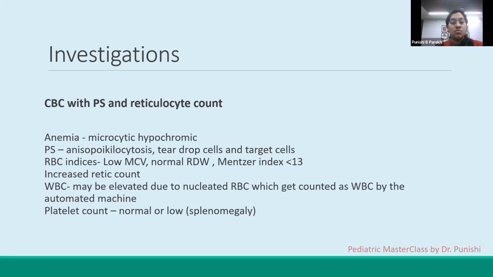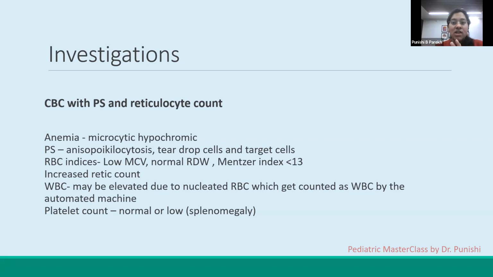So if you see 50,000 WBCs, you might start thinking in terms of, oh, is this leukemia? But whenever you have this and you have a suspicion that probably this is thalassemia, always look for nucleated RBCs, because of what happens on the Coulter machine. When you run your blood on the CBC hemogram machine, see, basically it's a machine, okay?